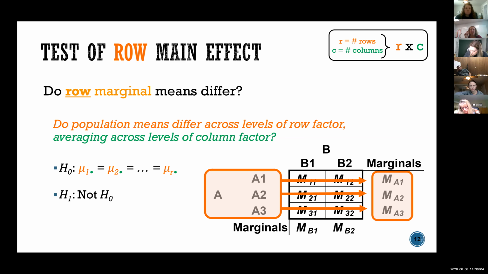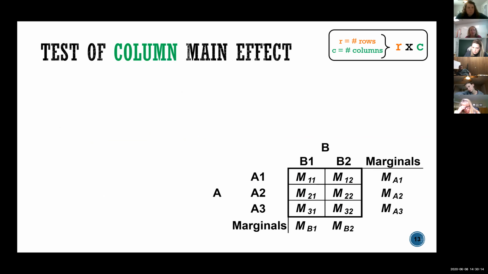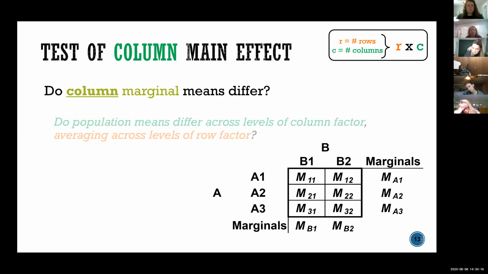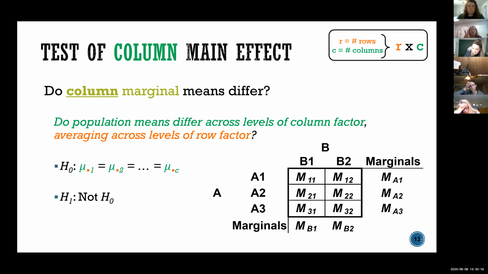So if I wanted to know, is there a main effect of the column variable, what would I compare? To know if the column variable has an effect, I would look at the column averages to see if they're the same or different.